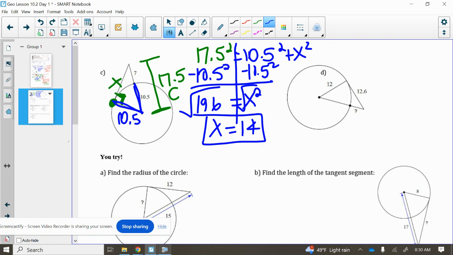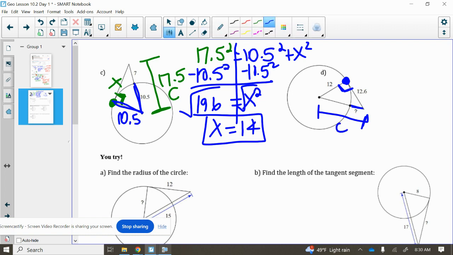On our last example, example D here, we have officially just this missing side that we want as our final answer. However, we know that if this is my point of tangency, this whole side is going to be my hypotenuse, or we could even call it the C value this time.